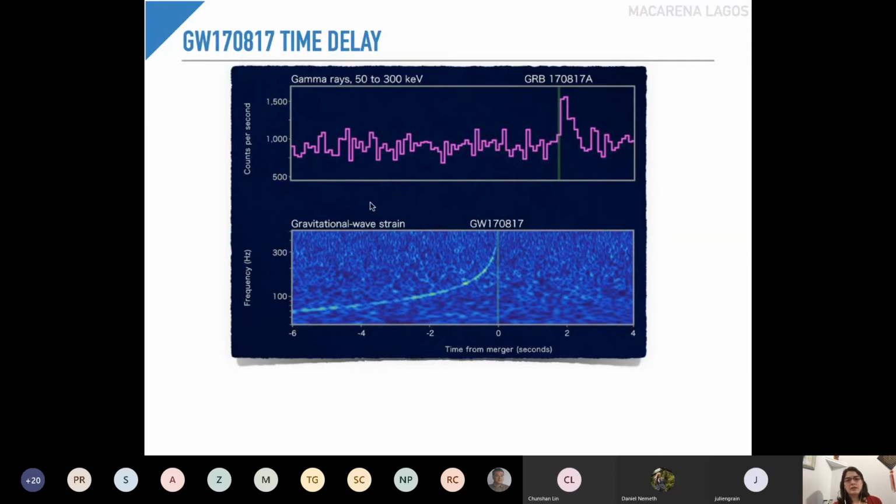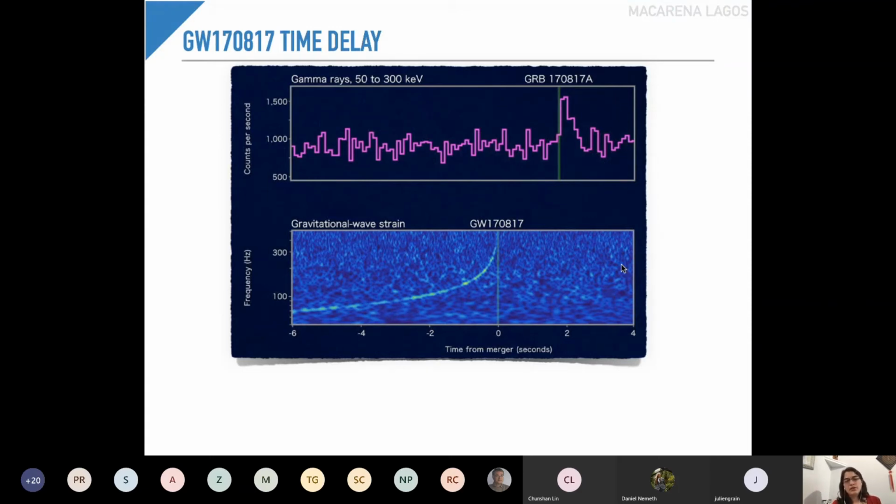So the x-axis is time, and it peaks at a certain time that you typically associate to the time of the merger. And then at the bottom, we have the gravitational wave signal, but now in frequency space. So we have frequency as a function of time. This shows the gravitational wave frequency evolution. And here, t equals 0 by definition is when the gravitational wave signal and the frequency peaks, which again we associate to the merger.